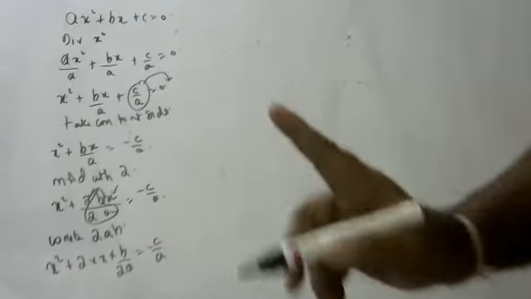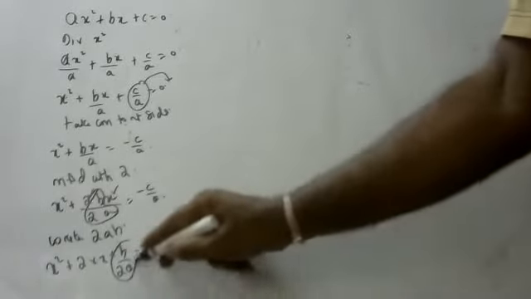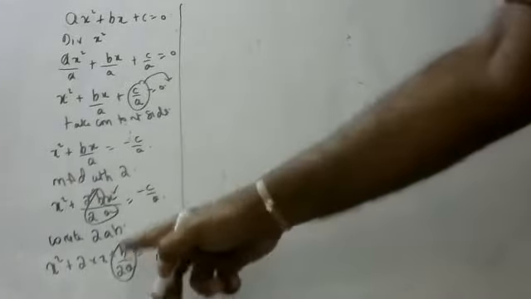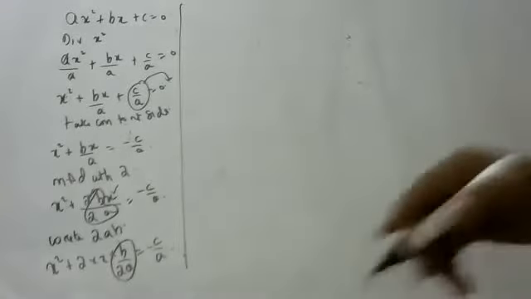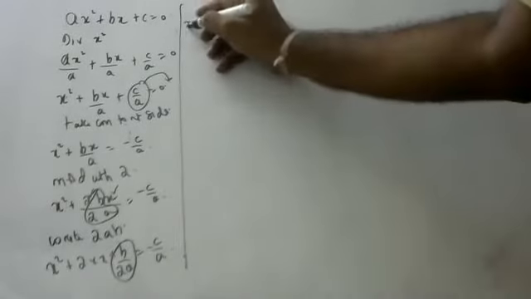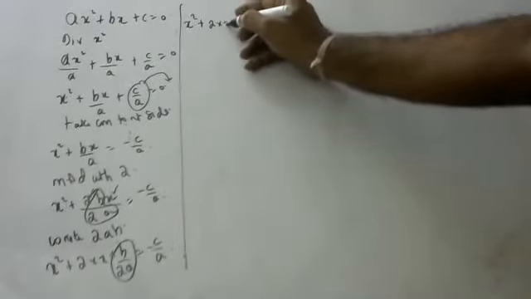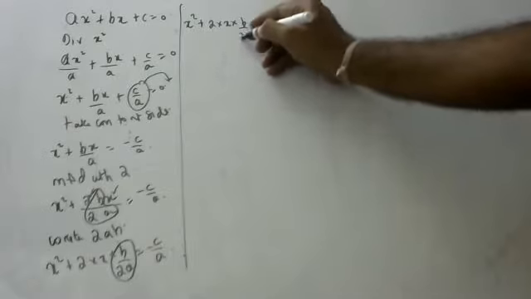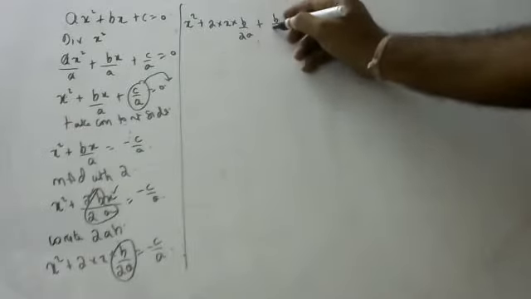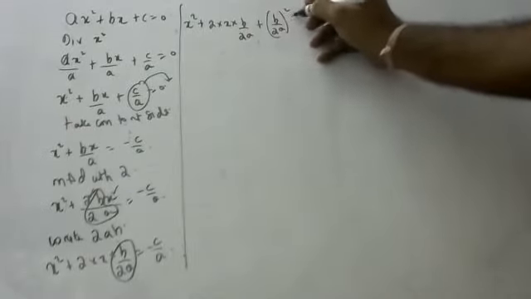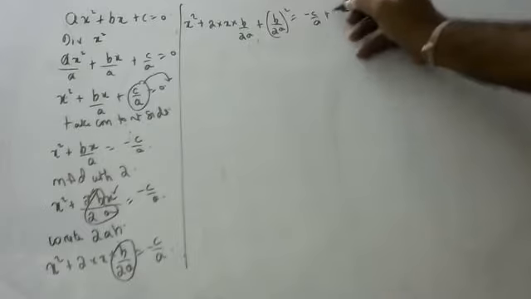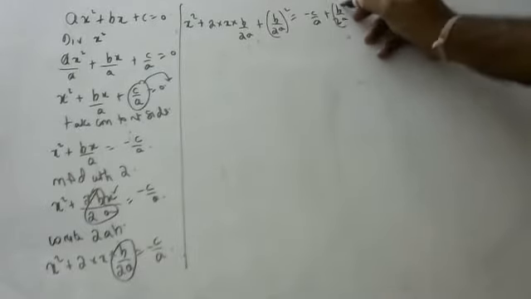And the last step I told you: add the leftover term square on both sides. When you do like that, children, see, x square plus 2 into x into b by 2a plus b by 2a whole square is equal to minus c by a plus b by 2a whole square.